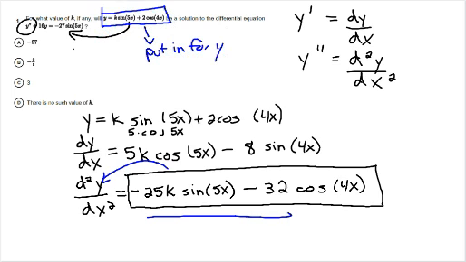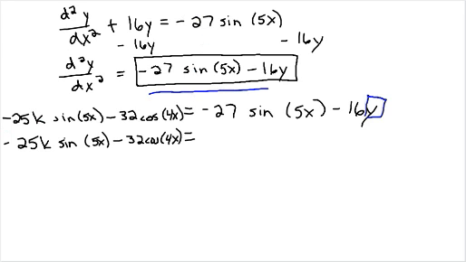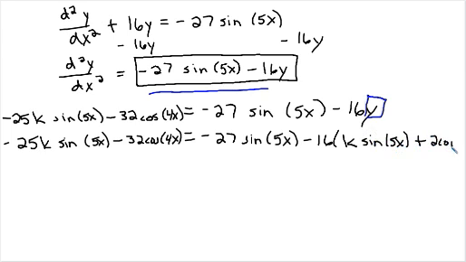The rest of it stays the same. Negative 27 sine of 5x minus 16 times k sine of 5x plus 2 cosine of 4x. This thing looks really bad, but it actually cleans up pretty quick in the next couple steps.